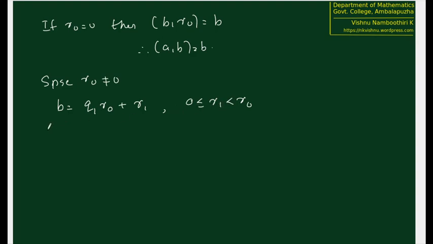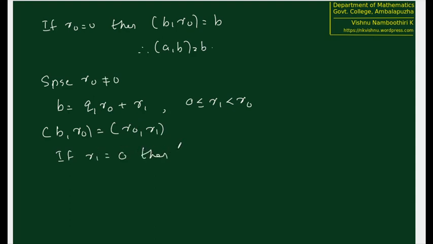Now, we have to find GCD of B and R naught to find the GCD of A and B. But GCD of B and R naught, we know that this is equal to GCD of R naught and R1. If R1 equal to 0, what happens then?